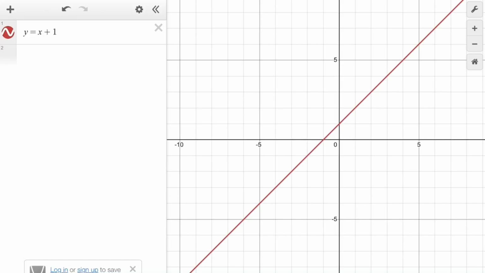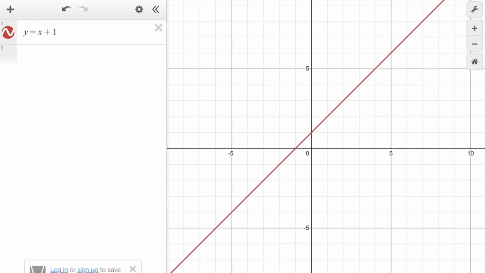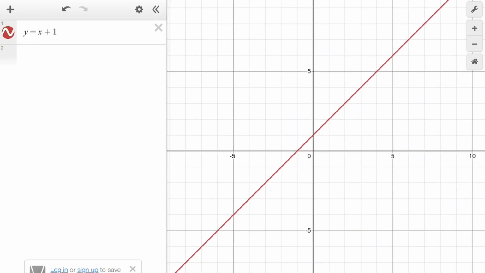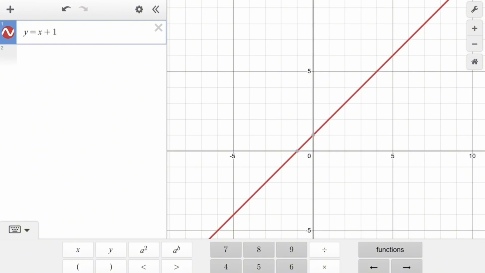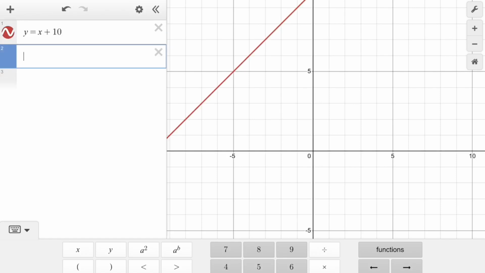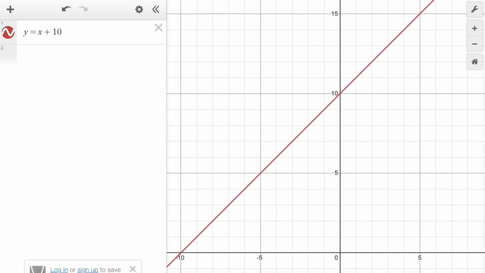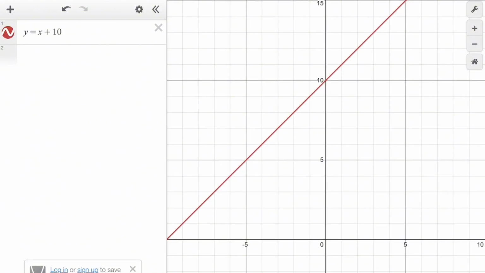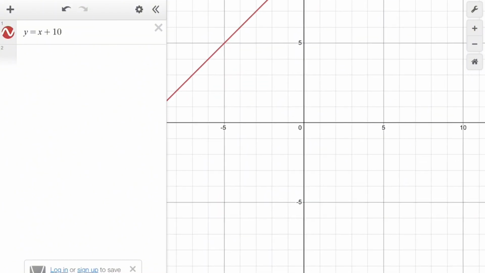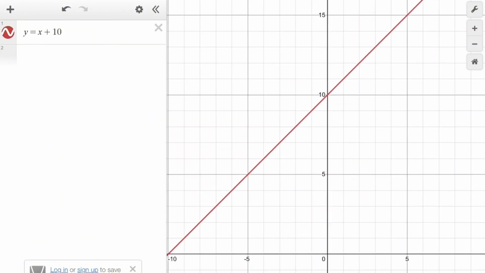So here I have the line y equals x plus 1 graphed, and let's say I increase b. Instead of x plus 1, it's x plus 10. You can see the line jumped up, where before it was down near the origin, but now the line intersects the y-axis at 10, at x equals 0.